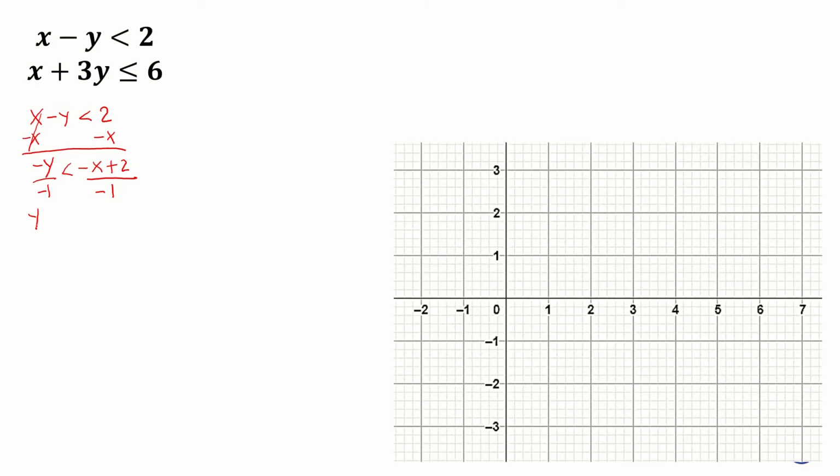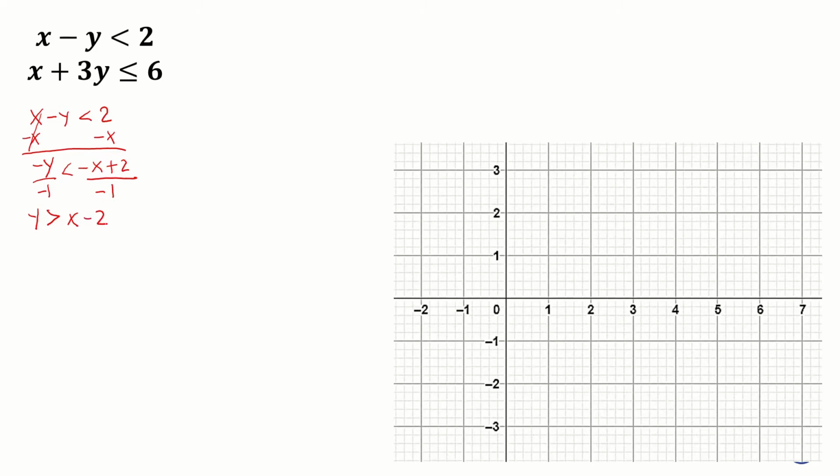Keep this in mind: every time you divide or multiply by a negative number in an inequality, the inequality switches to its opposite. Since we have a less than symbol and we divided by negative 1, it now becomes greater than. Negative x over negative 1 is positive x, and positive 2 over negative 1 is negative 2.